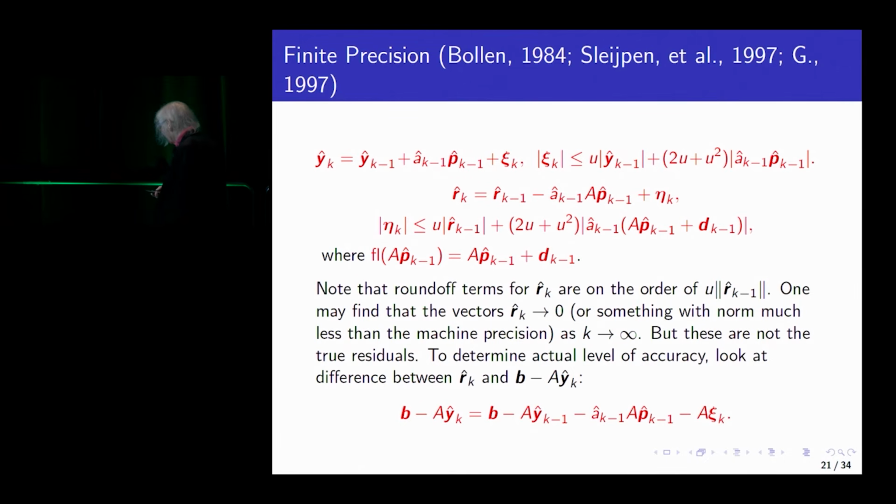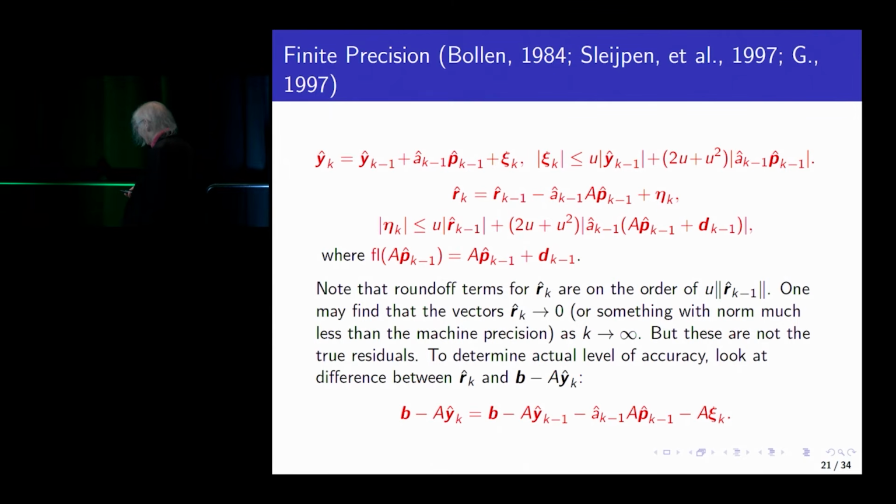Okay? So the round-off terms for r_k hat are on the order of u times the norm of r_{k-1} hat. So what you find is that the vectors r_k hat actually converge well below the machine precision. But of course, these are not the true residuals.